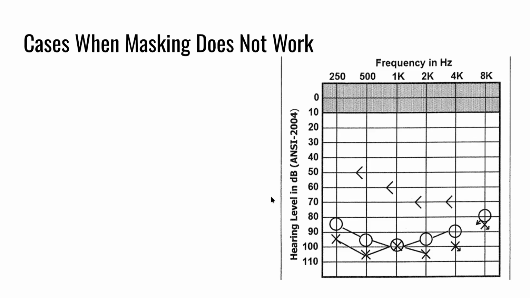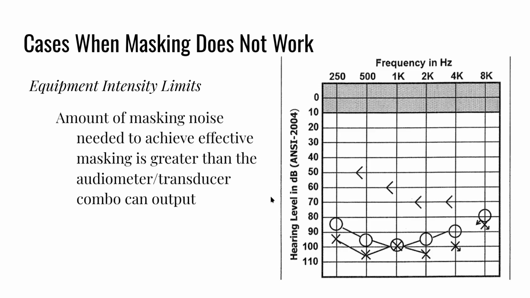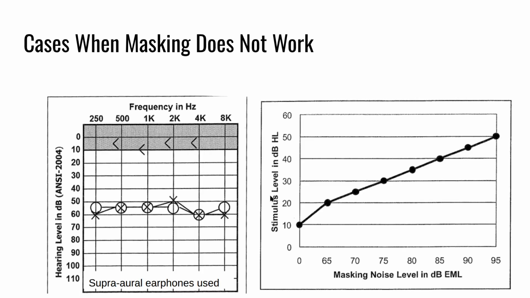So these are all challenges we have with masking in certain situations, like bilateral mixed hearing loss or bilateral conductive hearing loss as well. In this case, bilateral mixed hearing loss. So the amount of masking noise needed to achieve effective masking is greater than the audiometer or transducer combo can output. And we'll see something like this.